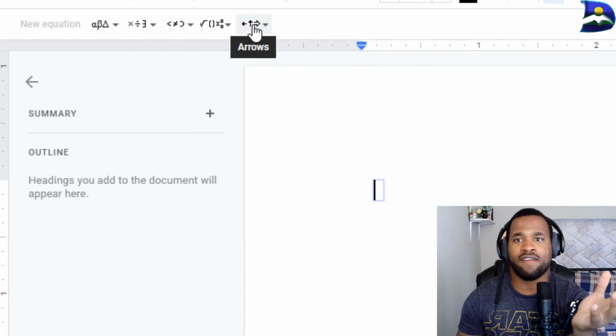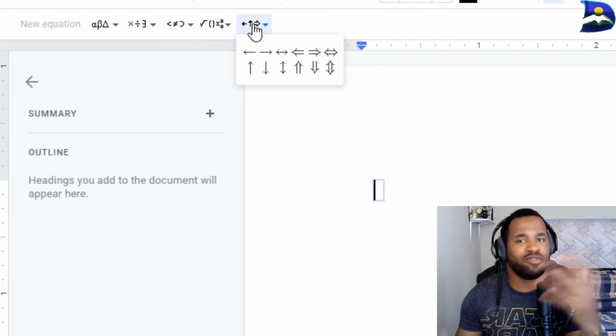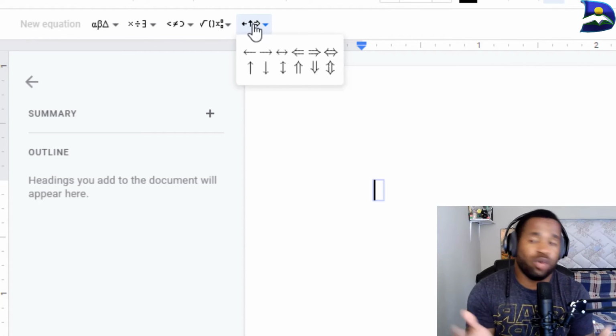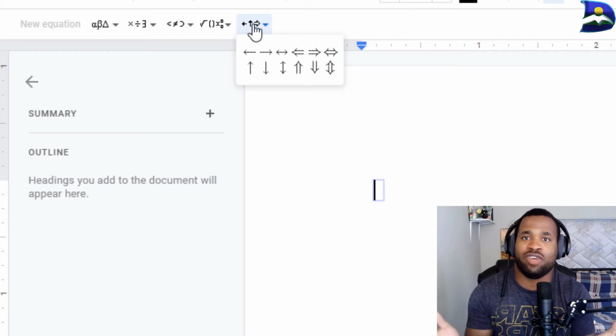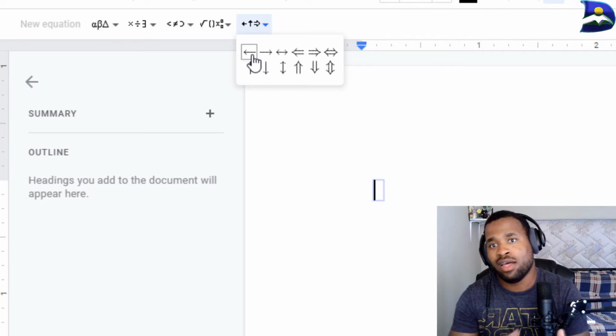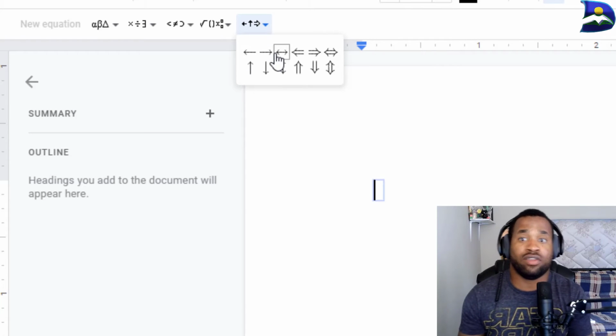Which is called math operations. And finally here, this is where some people are excited about when it comes to typing up equations in terms of chemistry. And so you have one directed to the left and one directed to the right.